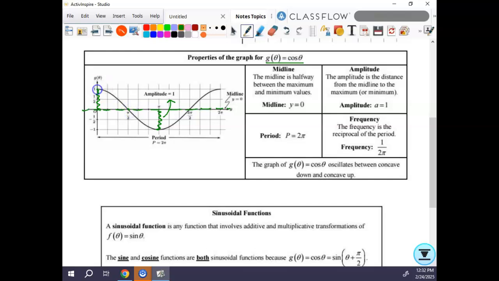But if we can start at 0, that always makes it a little bit better because then we don't have to do the adding and the subtracting of the pi stuff very much. When we know we're talking about cosine or sine, you're going to need to sketch a little parent function. And it's way more important and helpful than it is on any of the other parent functions I've made you do that on. So for cosine, we know it starts up here, and we just need to draw one cycle like that.